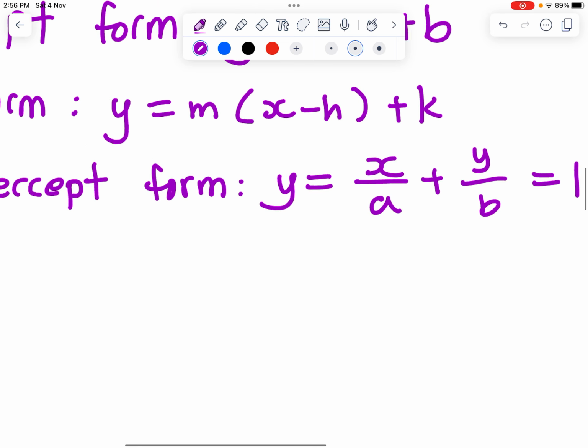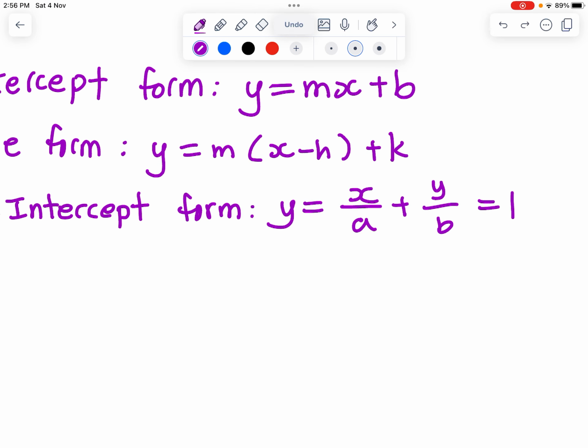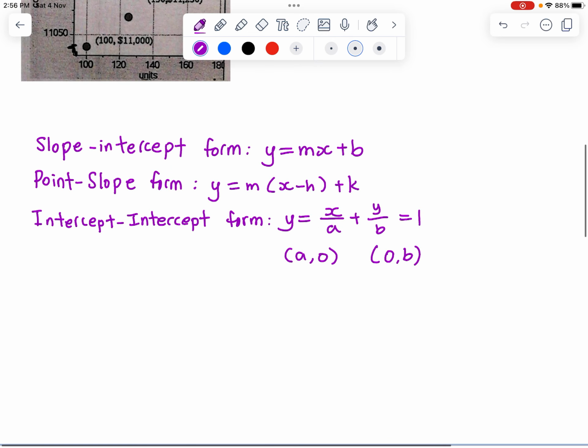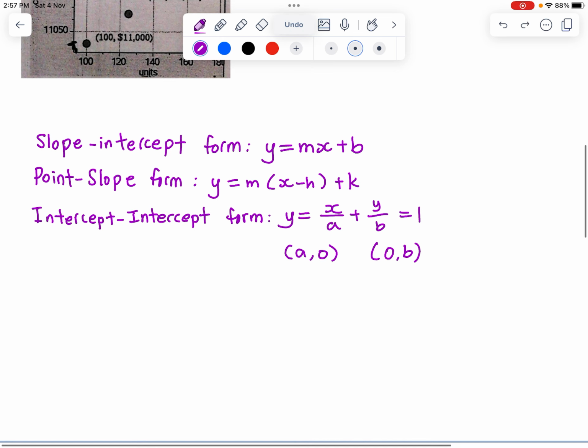Just by looking at this equation, you can see x over a plus y over b equals 1, and essentially a is the x-intercept, so it would be a comma 0, and b would be the y-intercept, so 0 comma b. Which is why this is called intercept form.